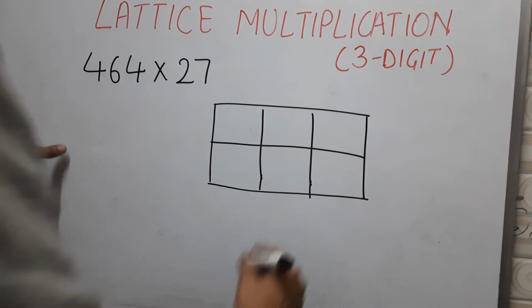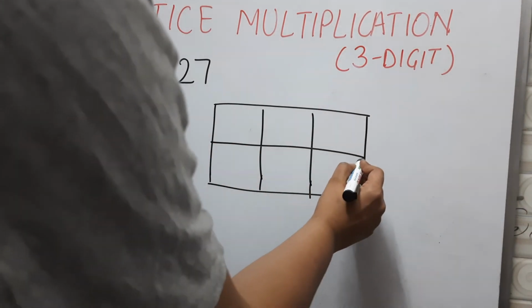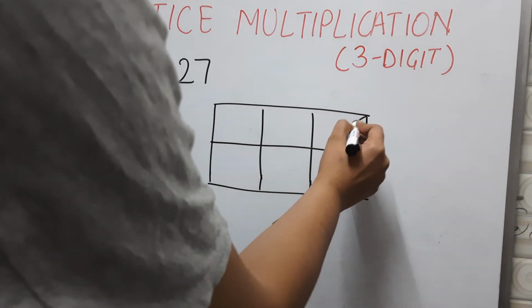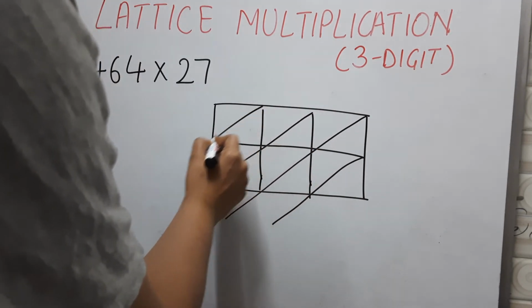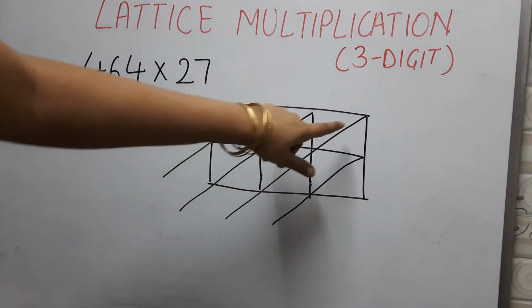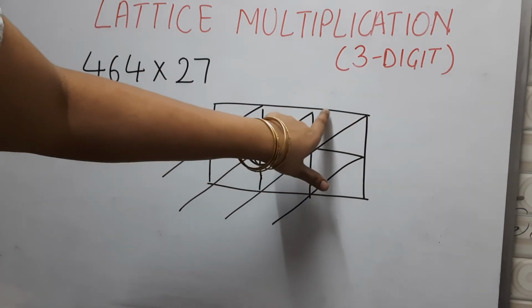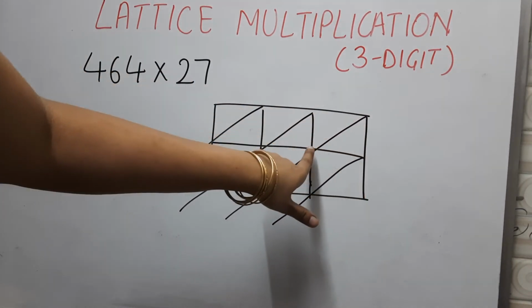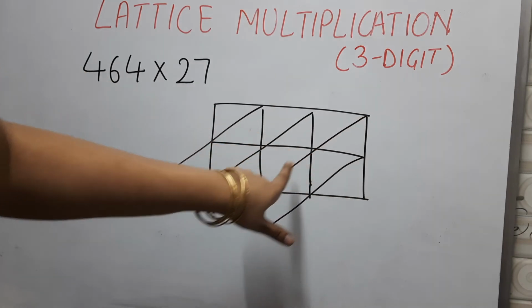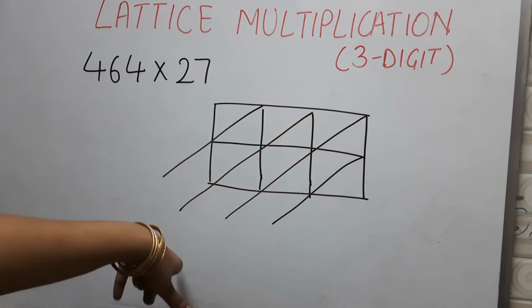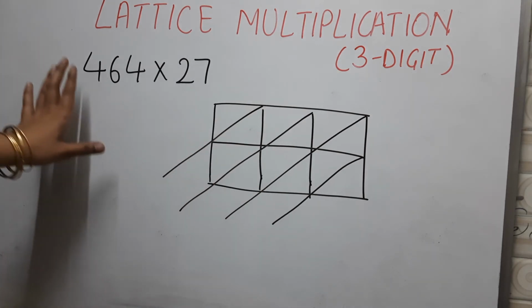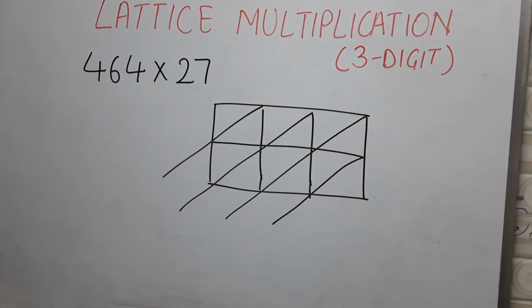Very good. And then after making this grid, I will divide all these sections with the slanting line. See, we just have to make diagonals. Since it is a rectangle, I just have to make a diagonal, and in continuation I have to make the divisions.